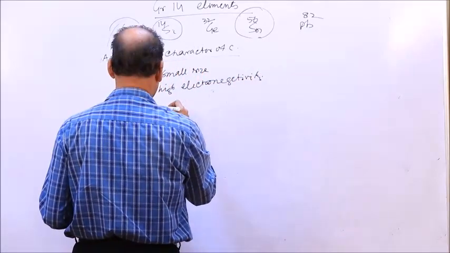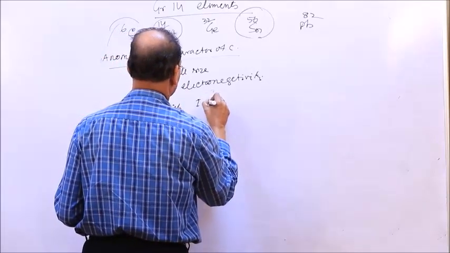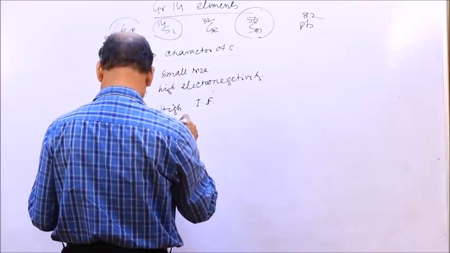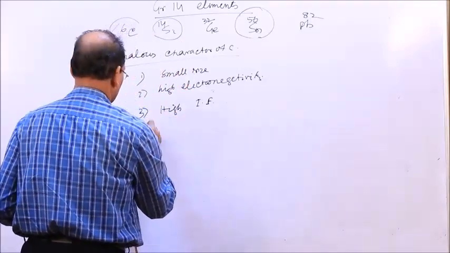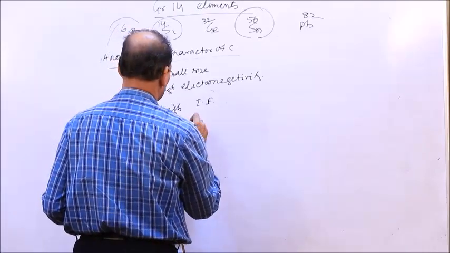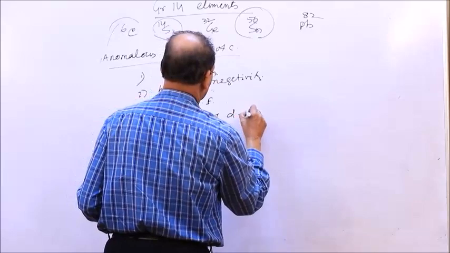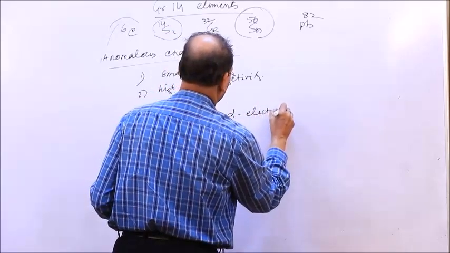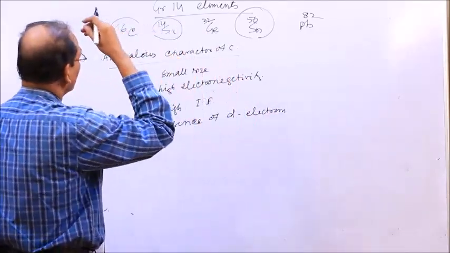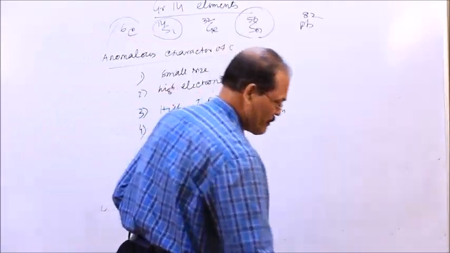Third, high ionization energy or ionization potential. And the main thing is the absence of d electrons, unlike the other elements, which have the shielding effect.